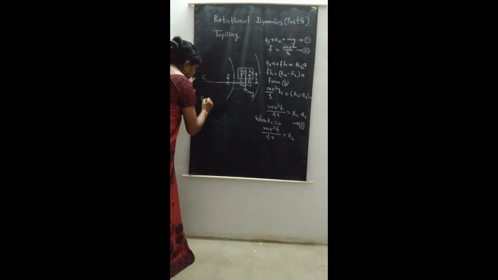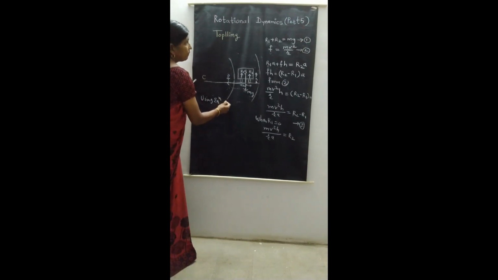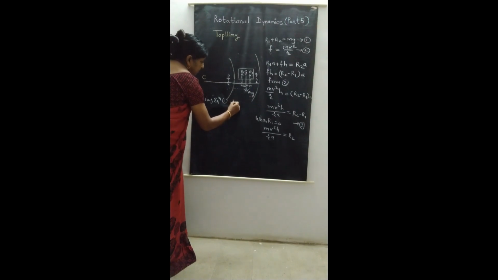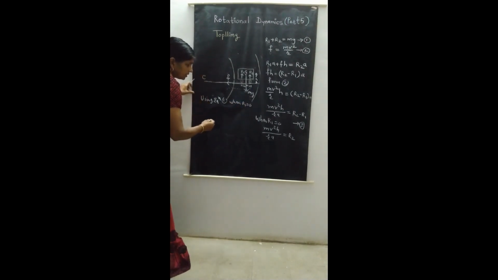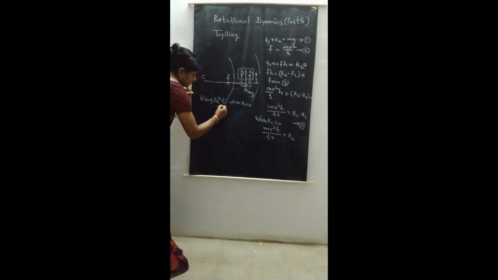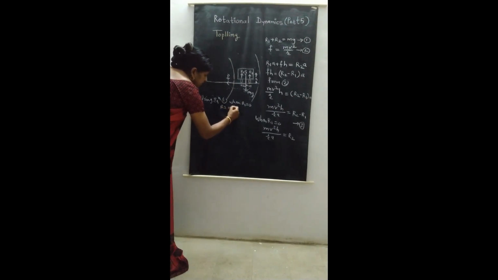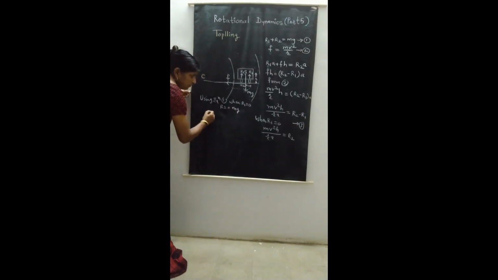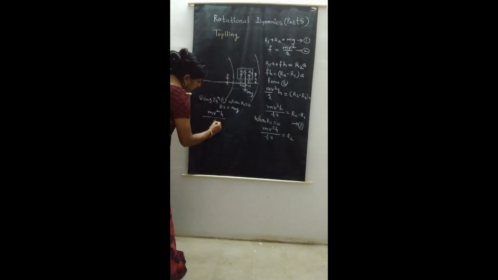Using now equation number 1, when R1 is equal to 0, R2 is equal to mg. Hence, putting the value, we get mv square into h upon Ra is equal to mg.